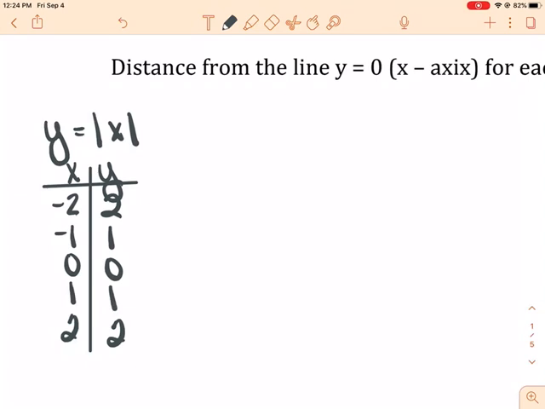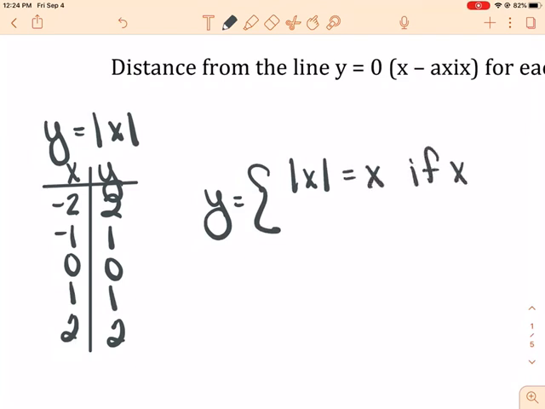A definition, or separating the absolute value function into its formal definition, it would be y equals the absolute value of x is going to equal x if x is greater than or equal to 0. So basically that means that what's inside the absolute value is equal to itself. Absolute value of 4 is equal to 4 because 4 is bigger than 0.